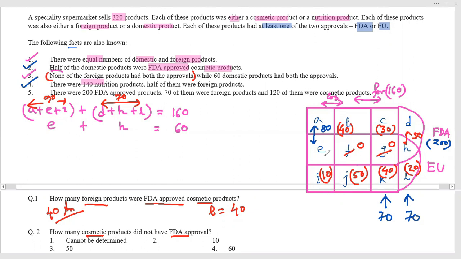These are the total cosmetic products. So without FDA approval, that means I will get this one, I plus J. And I plus J is nothing but 60. So the answer for this question is 60.